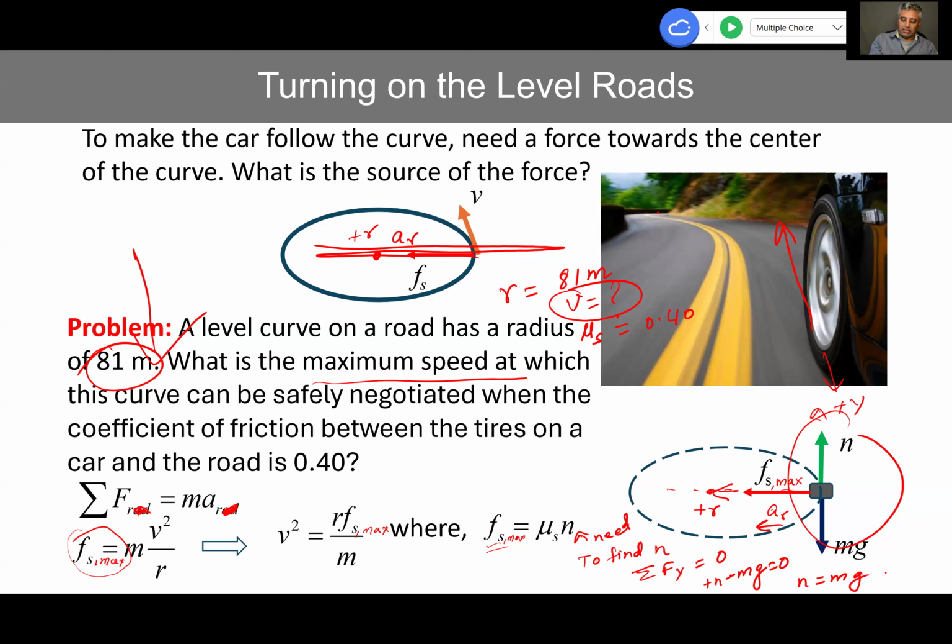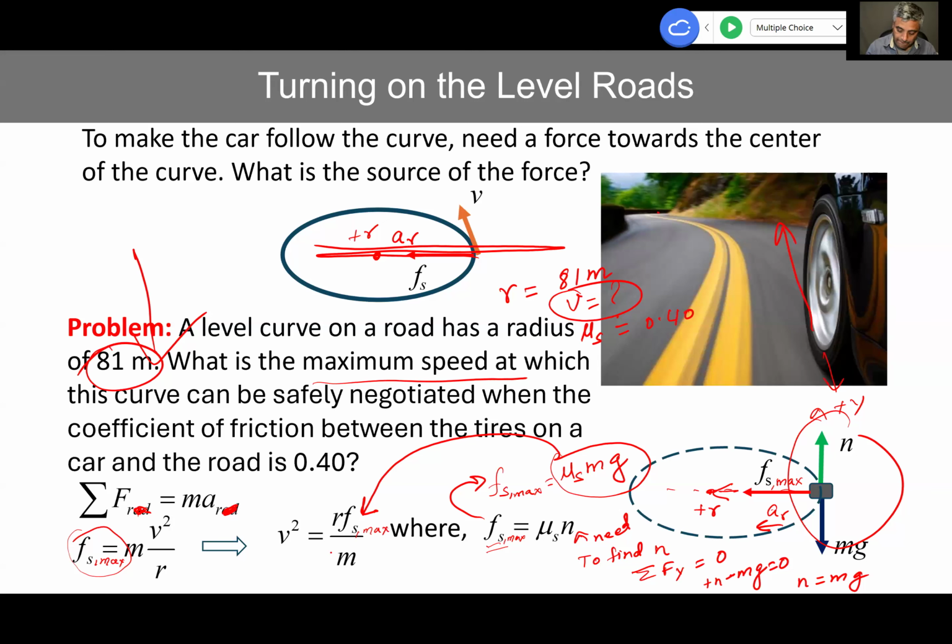So we have this friction force in terms of the mass or the weight of the car. Now we can plug that in there and find V. This is V squared, so to find V, you need to take a square root.